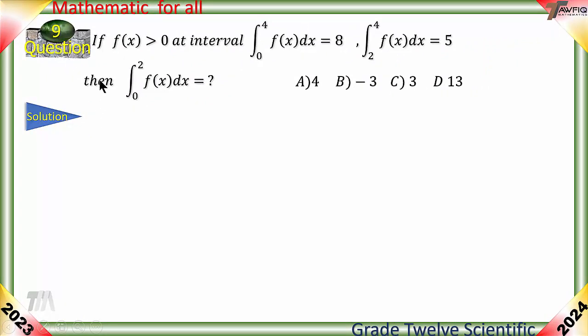Question number 9. If f of x is bigger than 0 on the interval from 0 to 4, and the integration from 0 to 4 of f of x dx is equal to 8, and the integration from 2 to 4 of f of x dx is equal to 5, then the integration from 0 to 2 of f of x dx is equal to?